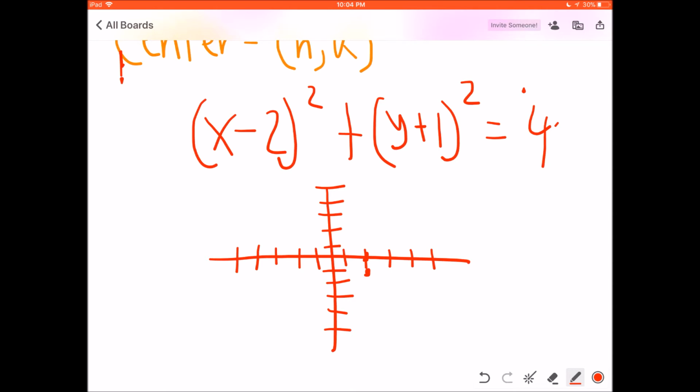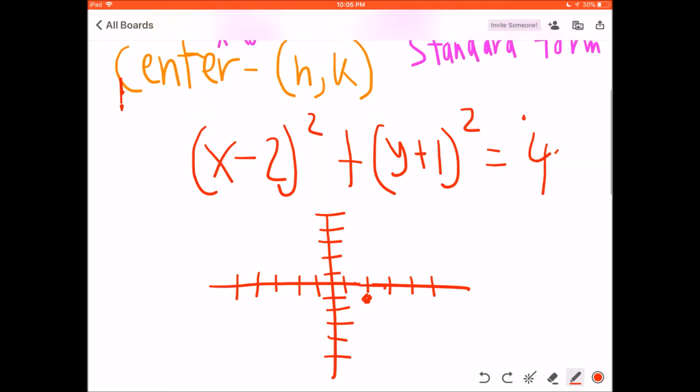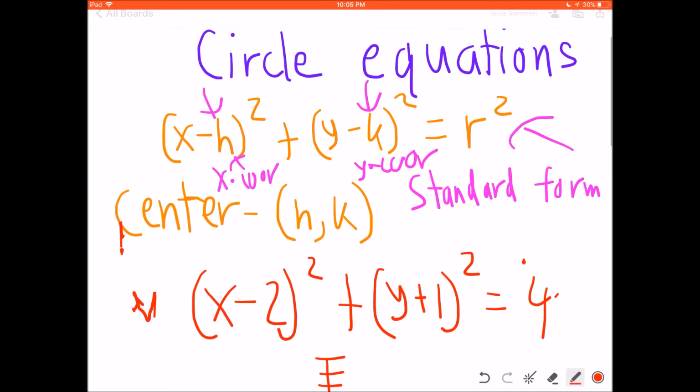So let me erase this actually and draw the line. So this is our center, 2 comma negative 1. I'll just draw a circle here. So the radius is 4. That means back up here in the equation it says it's r squared.